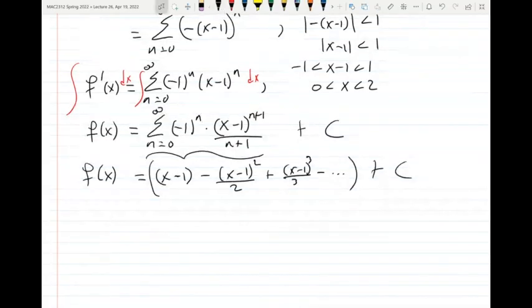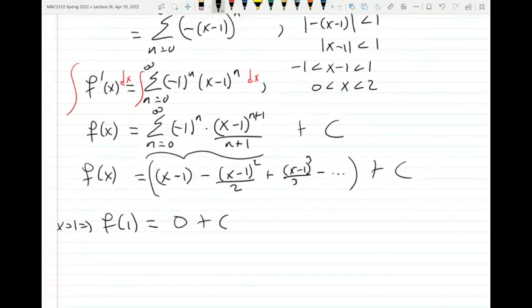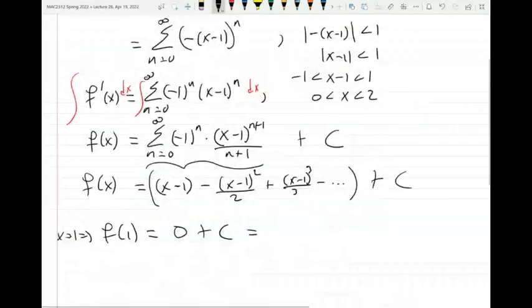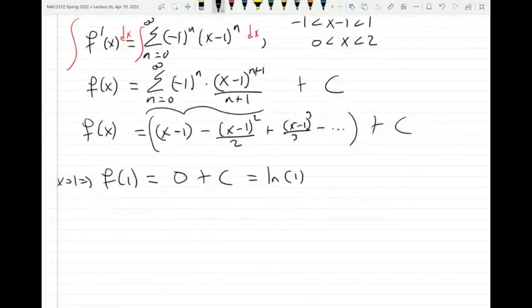So now we're going to plug in 1, because the idea is that when you plug in 1, all of these terms become 0, right? They disappear. That's the center. So when x is equal to 1, we have that f of 1 is going to be equal to 0 plus c. But on the other hand, remember that f of x, what was f equal to? ln. So this would be ln of 1. And what's ln of 1? 0. So c is equal to 0.